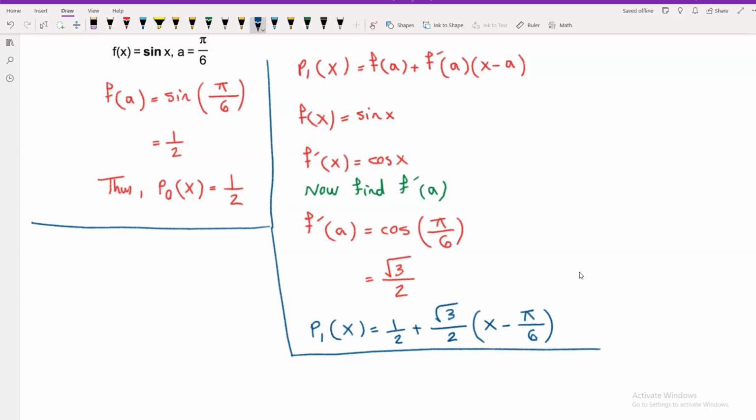So f prime of a is equal to cosine pi over 6, because a is given as pi over 6, and cosine pi over 6 is equal to square root of 3 over 2. So what we have for P_1 is equal to f of a from part a, which is 1 over 2, and then add the first derivative, square root of 3 over 2, and then multiply by (x minus a), which is (x minus pi over 6).